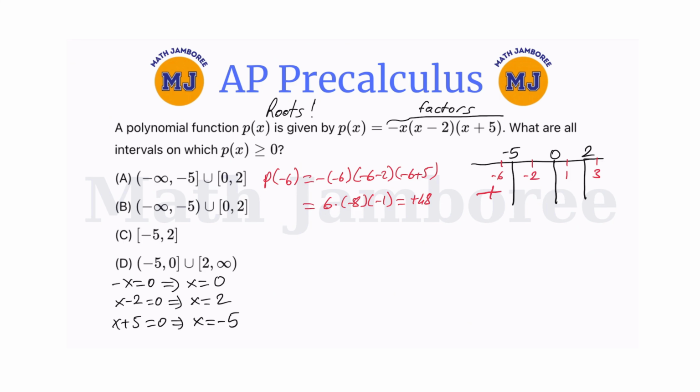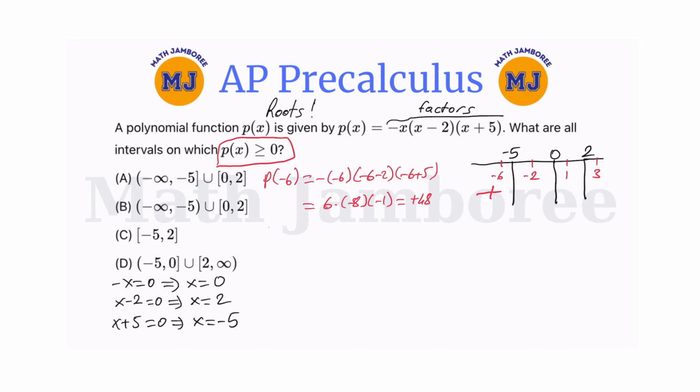And remember, we're looking for p greater than or equal to 0. When it says greater than or equal to, or less than or equal to, you're going to include the roots, because the roots are the values that make the polynomial function 0.